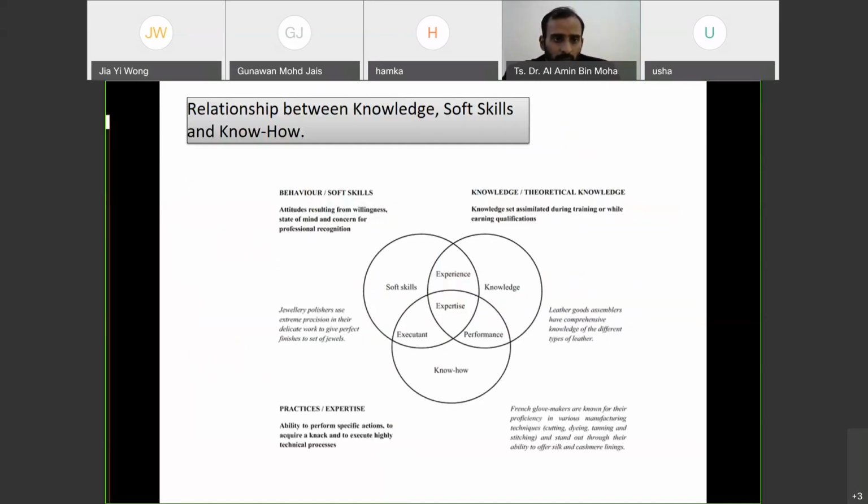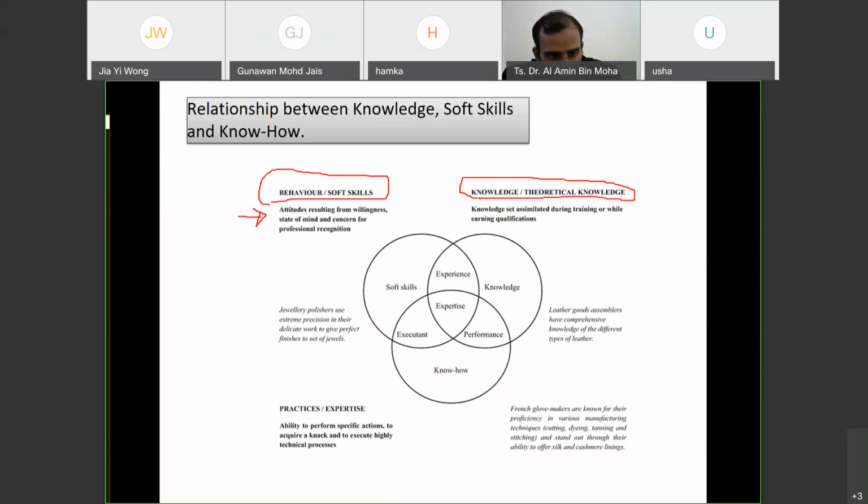So, the relationship between knowledge, soft skills, and know-how. It's not too clear, but somehow we can see it talks about behavior and soft skills here. It's more about the attitude resulting from the willingness, state of mind, and concern for professional recognition. And here is knowledge, the theoretical knowledge.